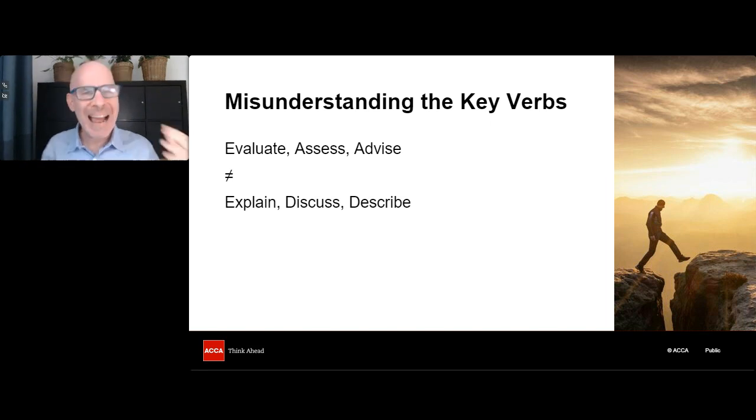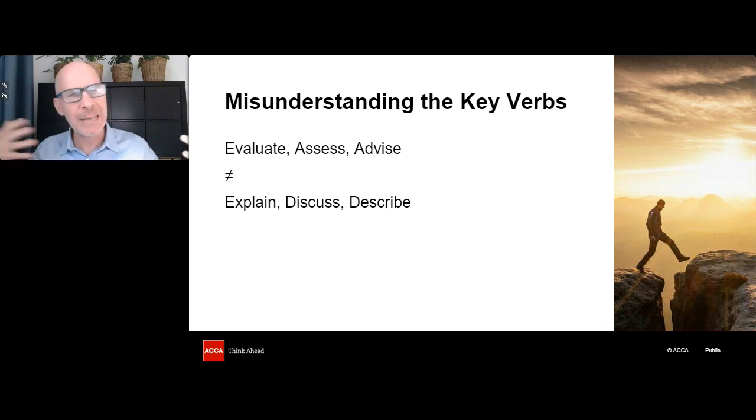So, how do we fix this problem when we see evaluate the switch to activity-based costing? Well, you want to avoid describing the situation again. Very common to describe what we're seeing in the scenario. You're not going to get marks just for re-describing.